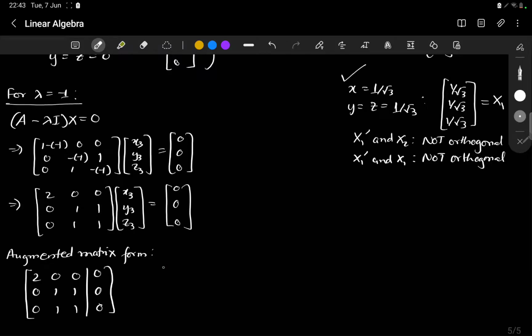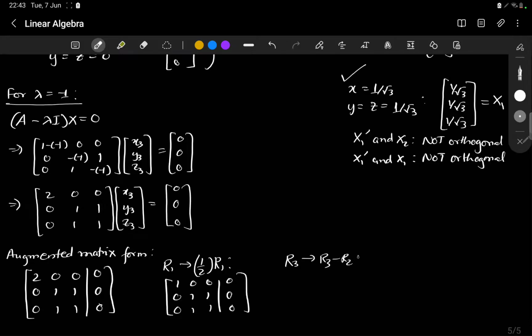And let us now apply row operations. So this is the reduced row echelon form.